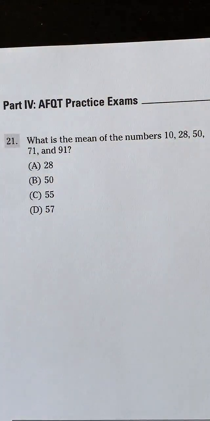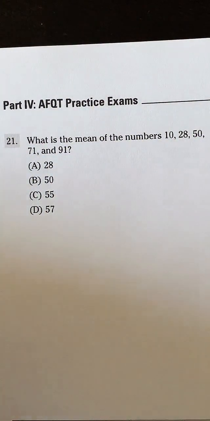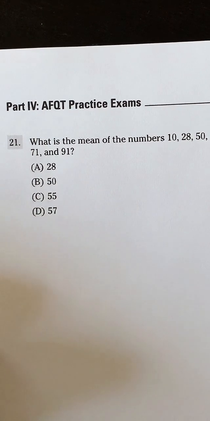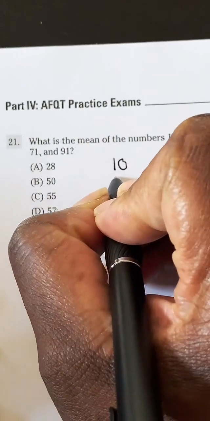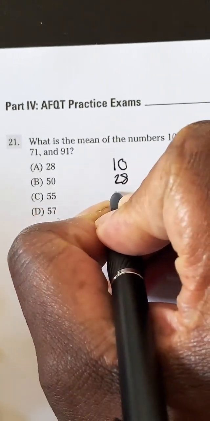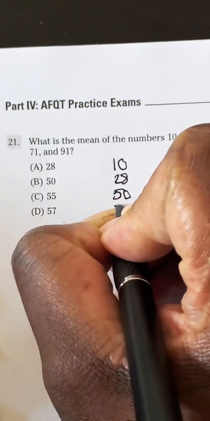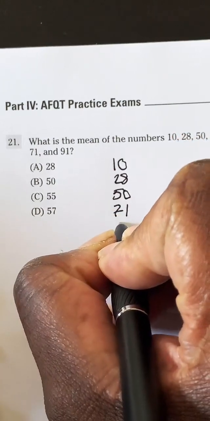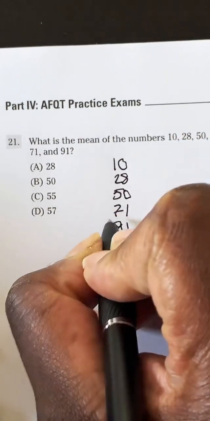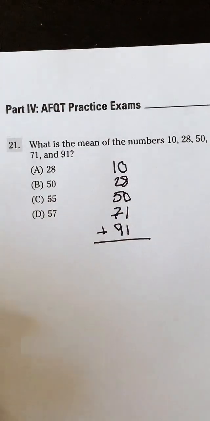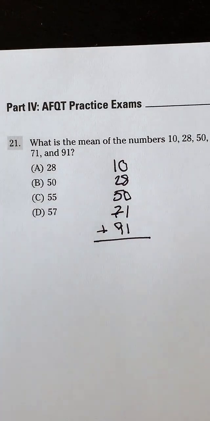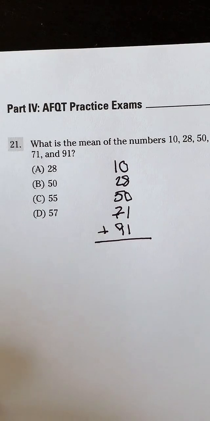Let's take a look at it. So mean means average. So basically, we are adding all these numbers up. We got our 10, we got our 28, we have our 50, 71, and 91. So with mean, order does not matter. Okay, so order does not matter. Make sure you keep that in mind.